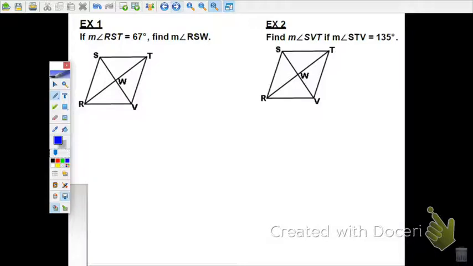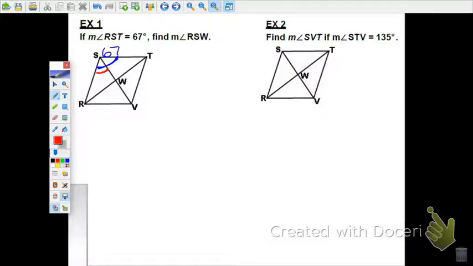So looking at our examples, it says if the measure of angle RST is 67, we want to find the measure of RSW, which is the red angle.